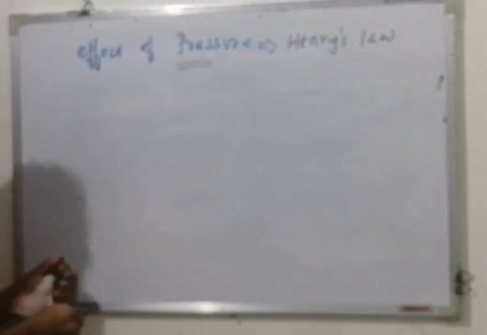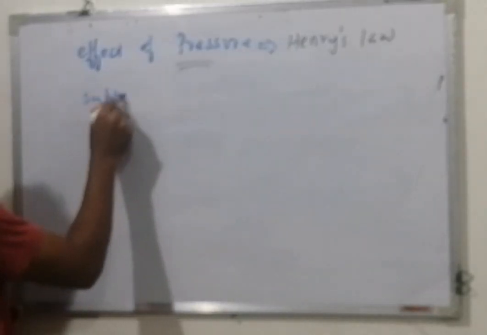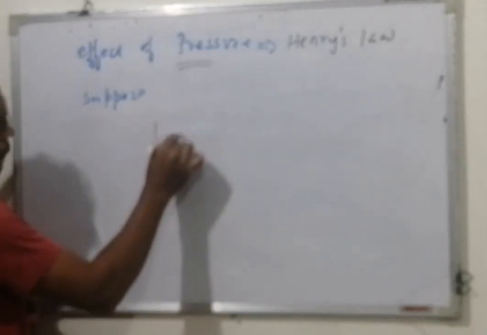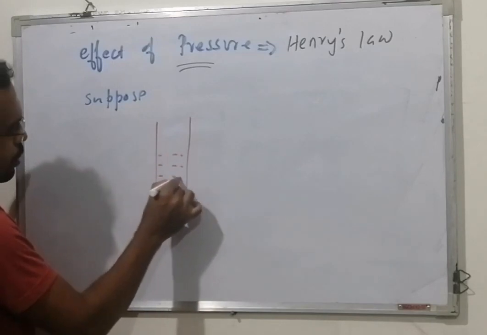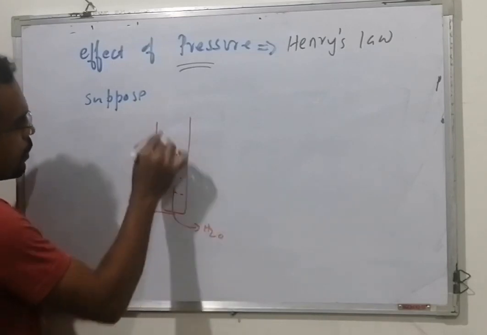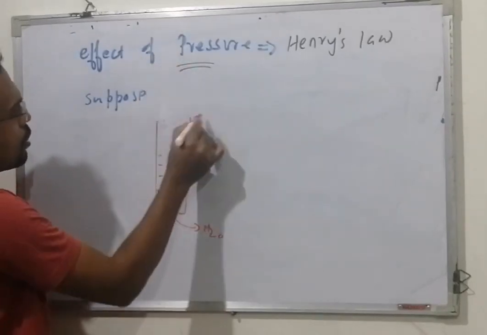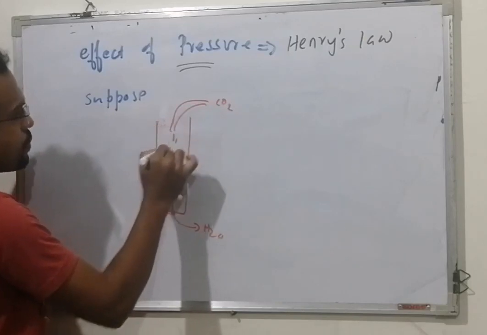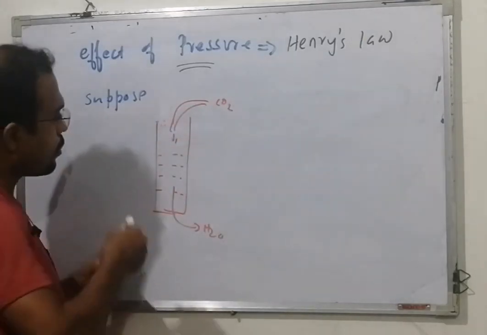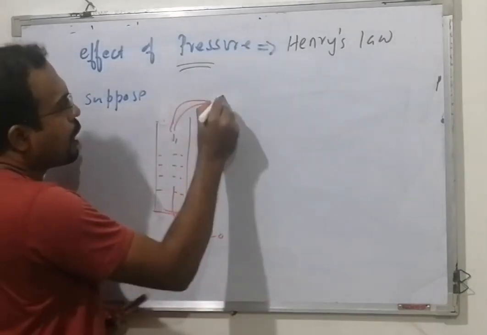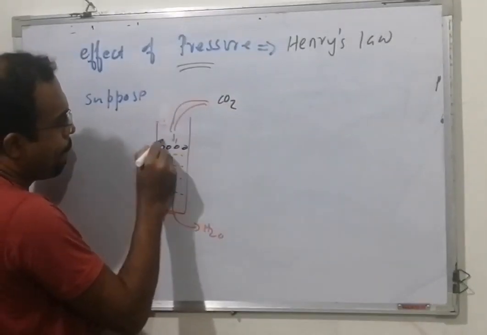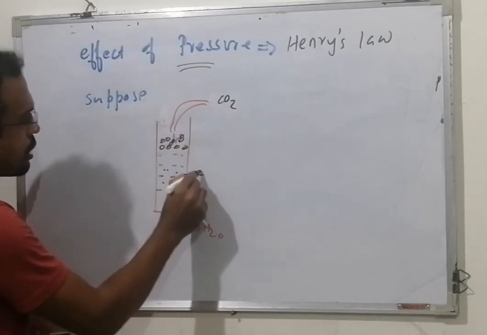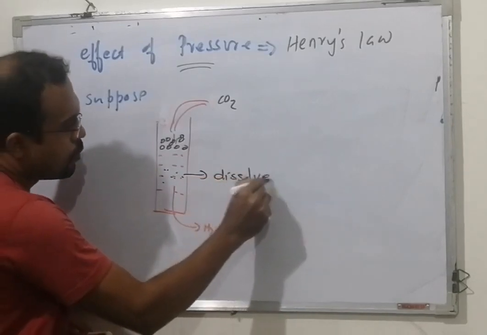Says, suppose you have water, a bottle of water. You want to fill carbon dioxide. Okay. The carbon dioxide, you want to fill the carbon dioxide here. This is dissolved carbon dioxide.